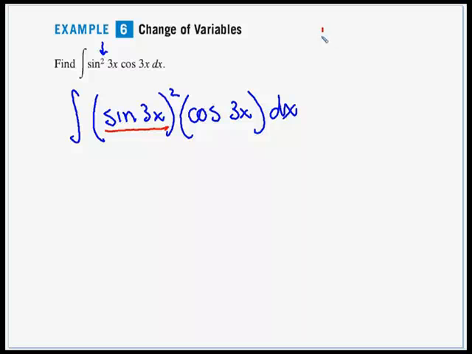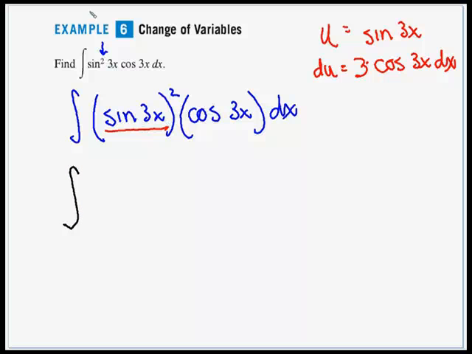So if we let u equal the sine of 3x, du is going to equal the cos of 3x times the derivative of the inner function, 3, dx. So to put this in terms of u, here's our inner function.